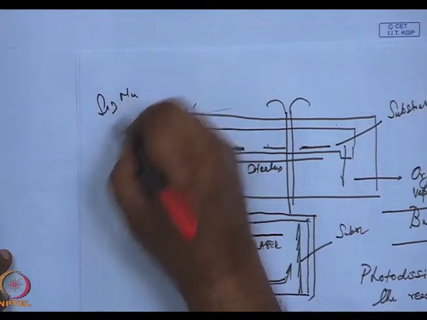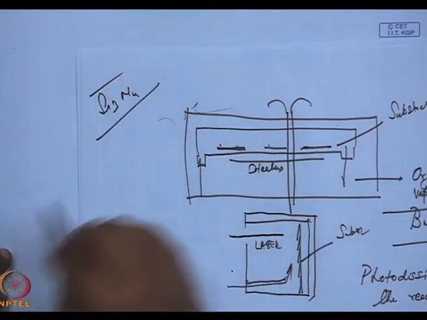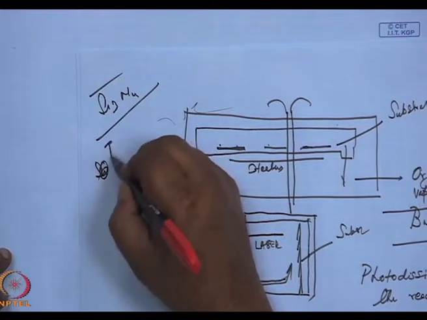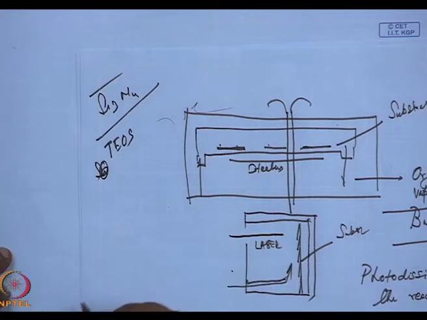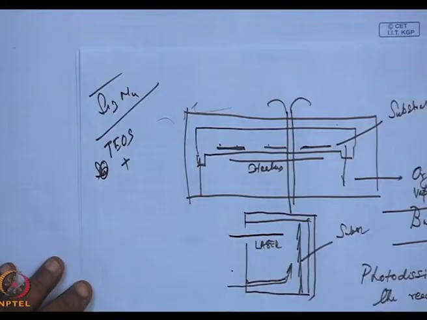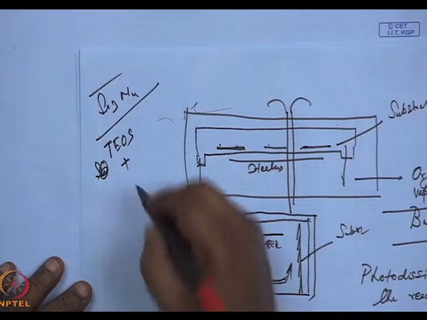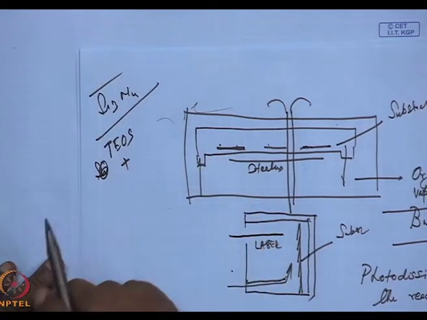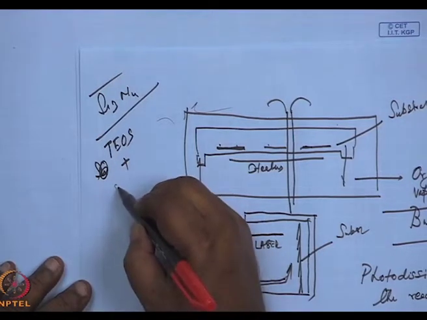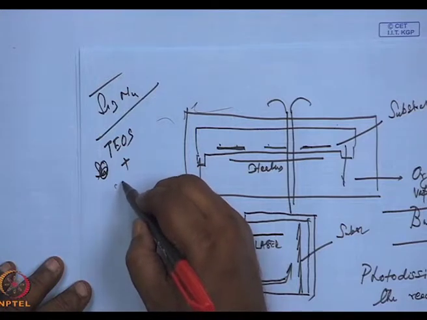If you wish to deposit Si3N4 on the surface, I would start off by taking TEOS, tetraethyl orthosilicate, and ammonia.